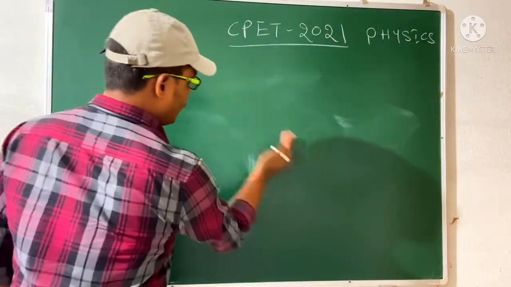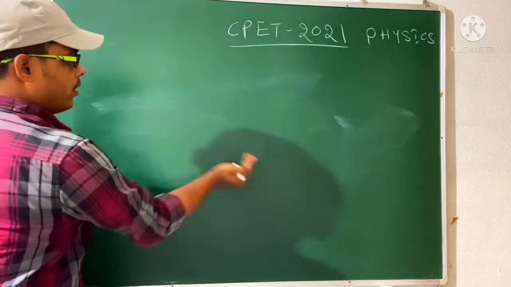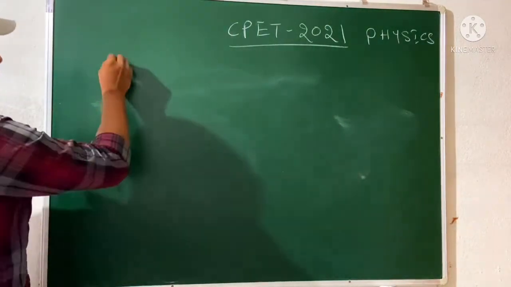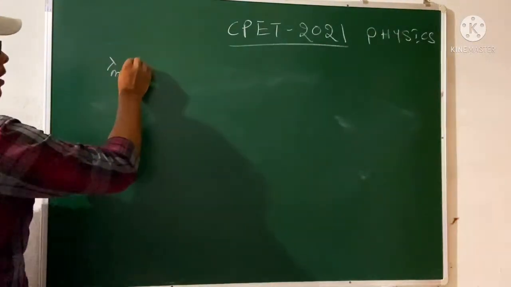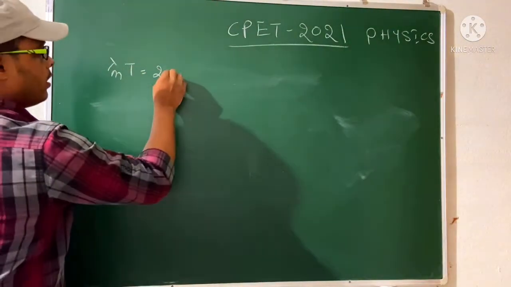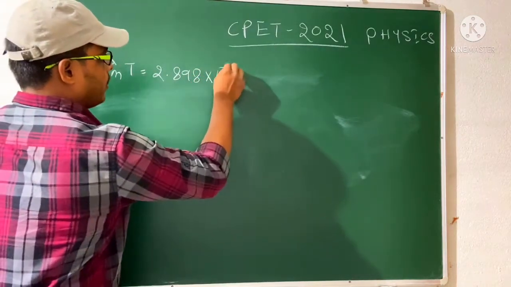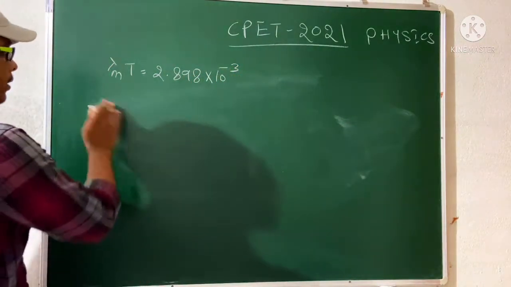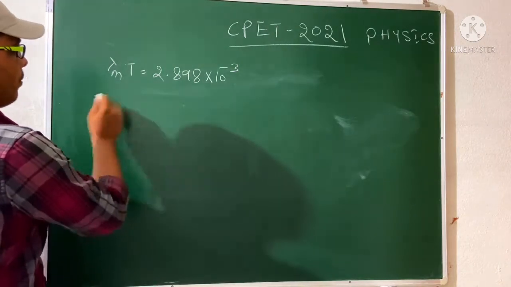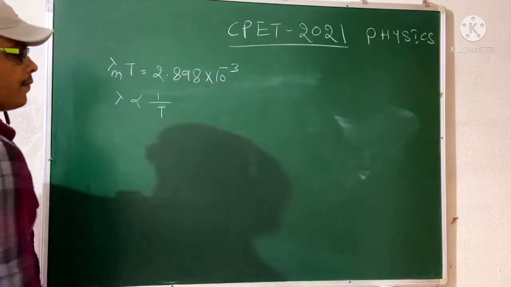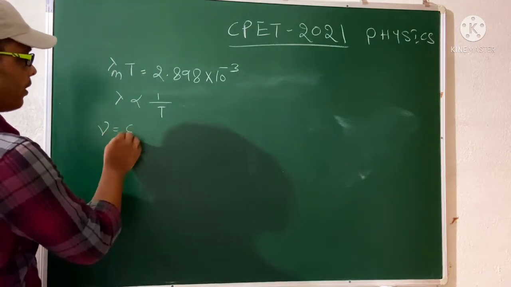So for the two questions we need one law. One is Wien's displacement law. So what is Wien's displacement law? That is lambda into T equal to constant, that is 2.898 into 10 to the power minus 3. Right. So what we obtain is that lambda is proportional to 1 by T. Again, mu equal to c by lambda.